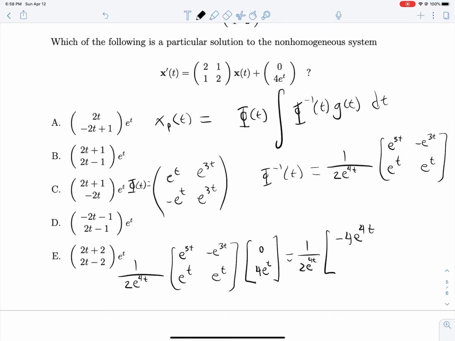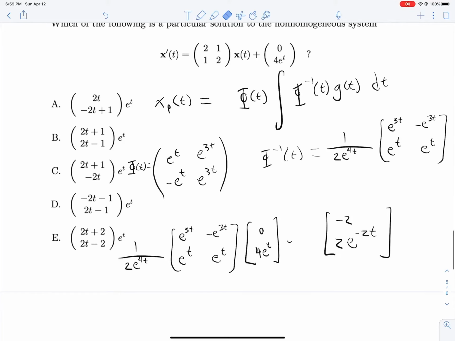That took me a second, and then 4 e to the 2t, like so. Dividing out our 2e to the 4t from all of these terms, we will get 2e to the negative 2t here and negative 2 there.